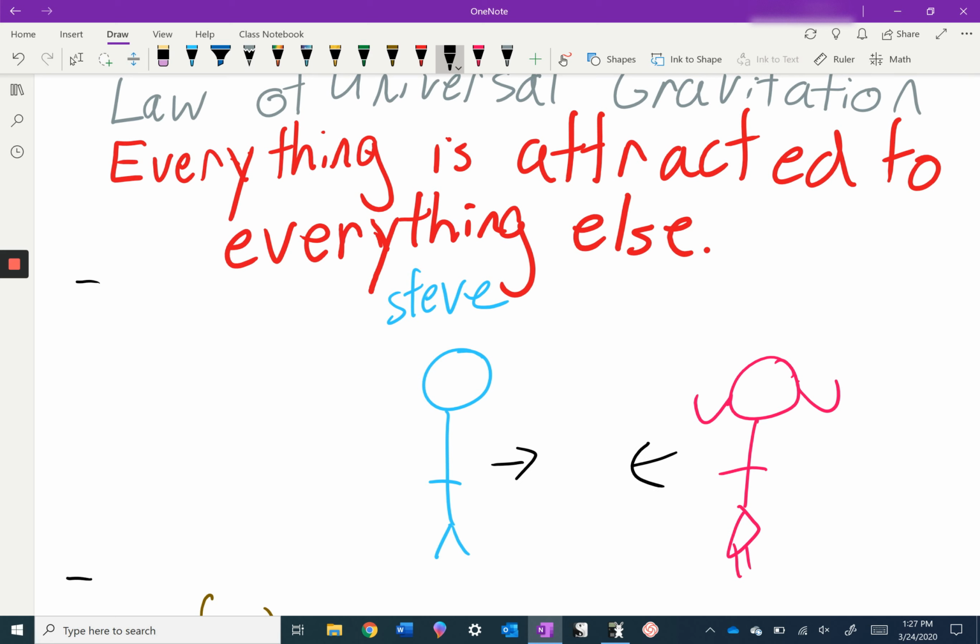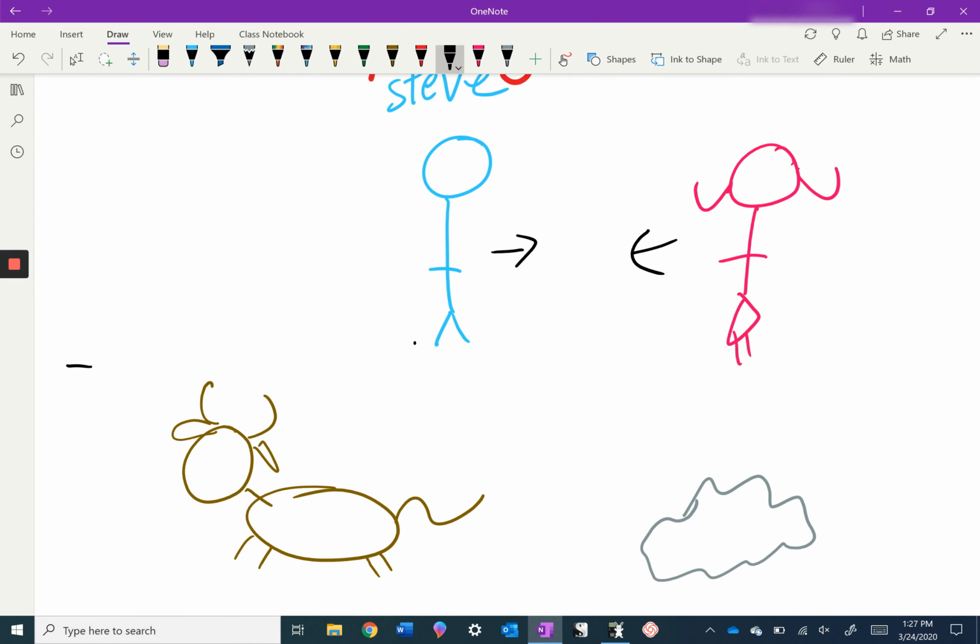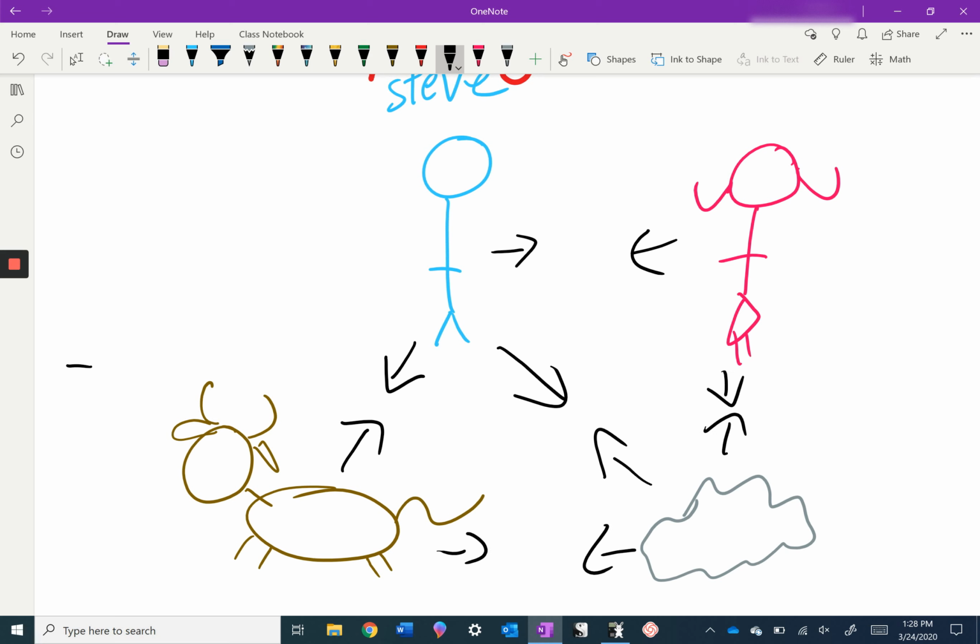But according to Newton's law of universal gravitation, Steve is also attracted to cows and rocks. And in an interesting twist, according to the law of universal gravitation, cows are attracted to Steve, and so are rocks. And then, of course, everything is also attracted to each other in all of this. So, put simply, everything is attracted to everything else.